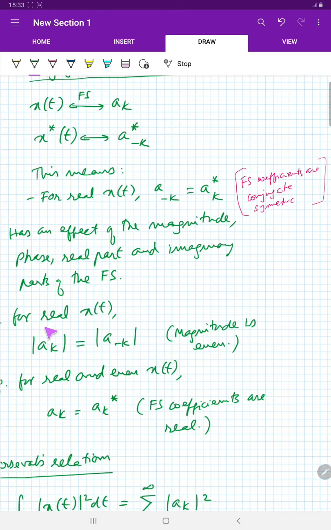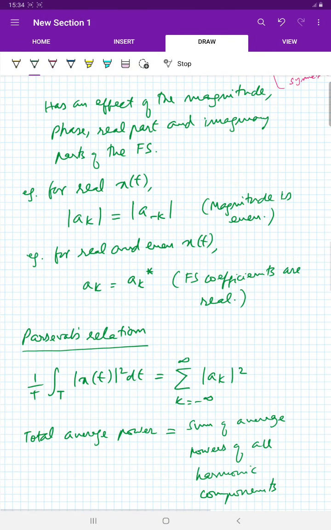In addition, if the signal is also real and even, then a_k is equal to a*_k. Essentially this means that the Fourier series coefficients are also real. So we saw examples of this when we did the Fourier series of a square wave. A sine wave is not even, but for the square wave we found that the Fourier series coefficients are even and real.